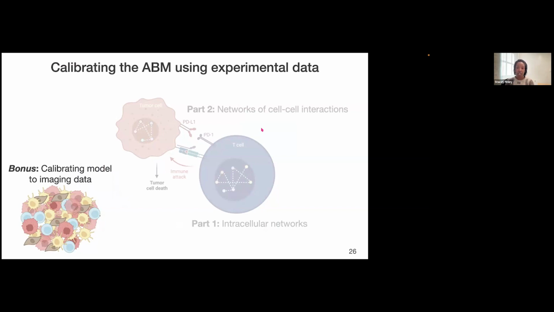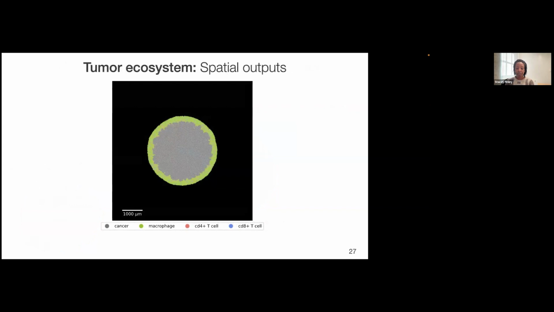experimental data. We wanted to exploit the spatial output that we get from our mathematical model. It's not just what cells are there and how many cells are there, but also where they are located. This is one of the main outputs from an agent-based model. When we think about calibrating models to experimental data, usually there are a lot of tools to do that for equation-based models.